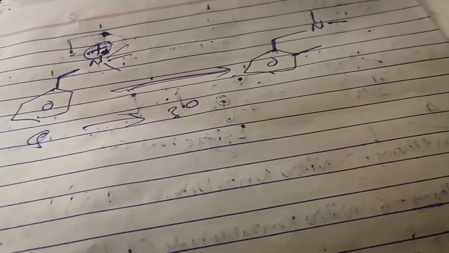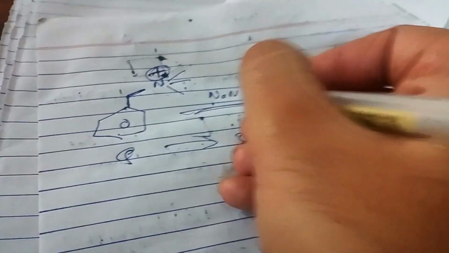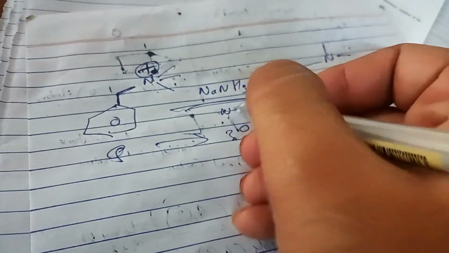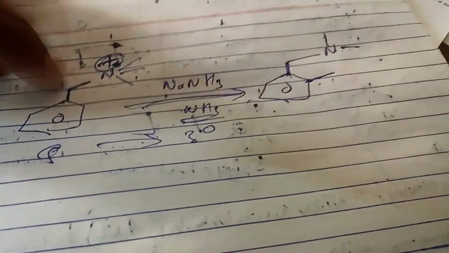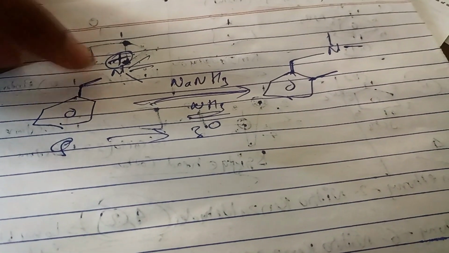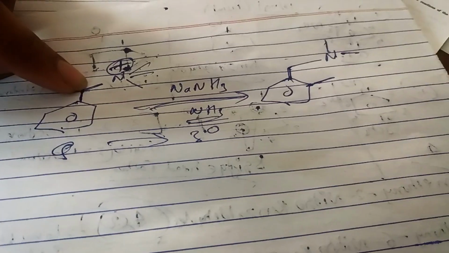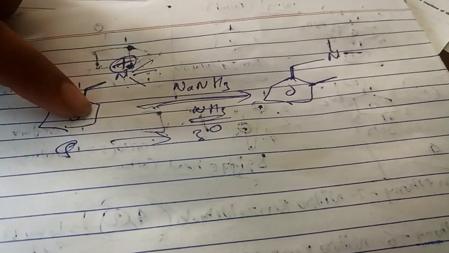So there is only one option, the alkali metal amide, which is like NaNH2 in ammonia. So this is the right answer. And for another important question, I will also add that it always prefers regioselectivity, since it is the ortho position; the rearrangement always takes place at the ortho position.